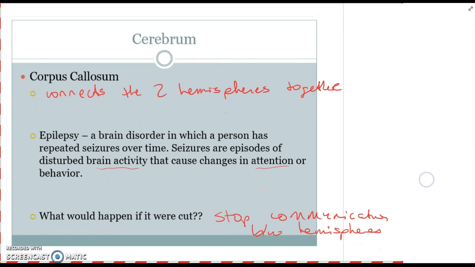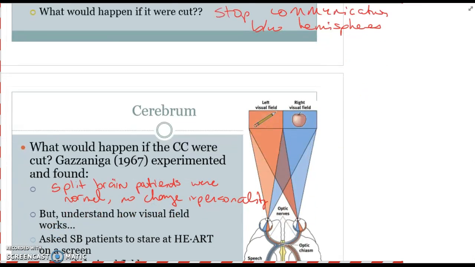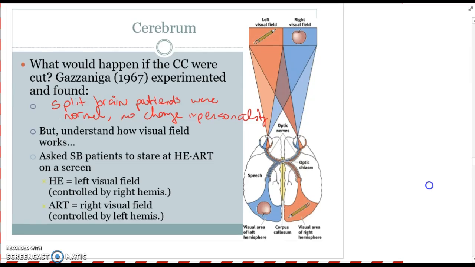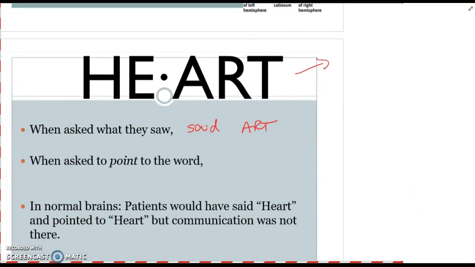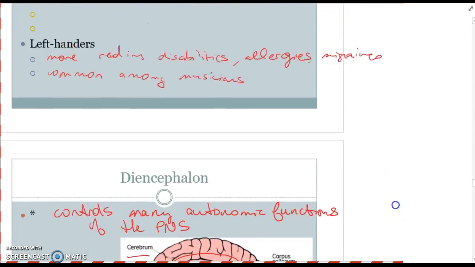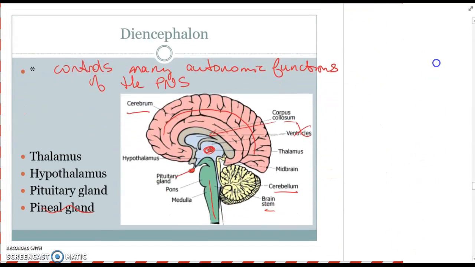And if you cut that, it does not mean that a person would die or that anything would happen to them intellectually. It just stops the communication between the two, and their visual field changes, but not their actual intellect.